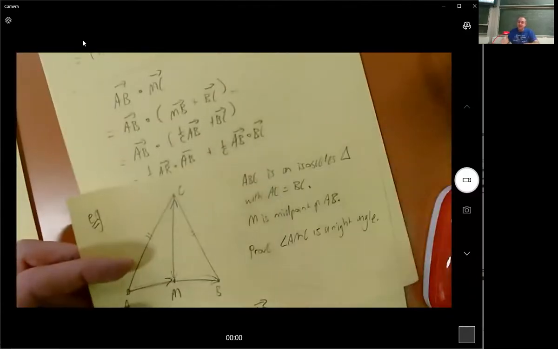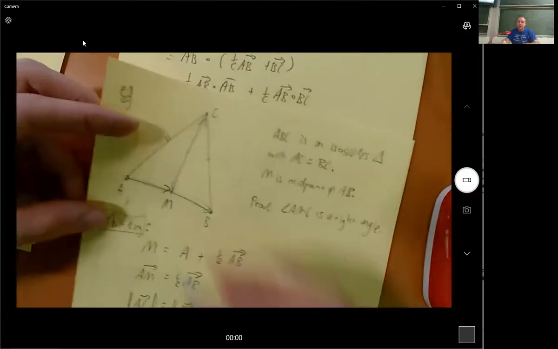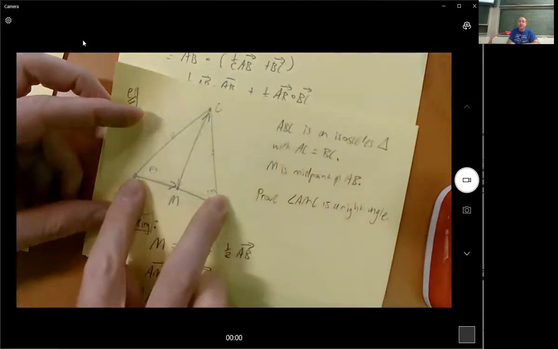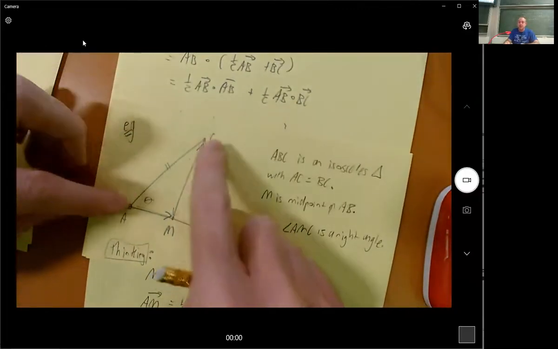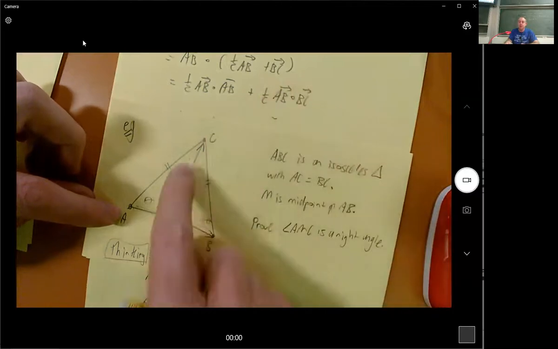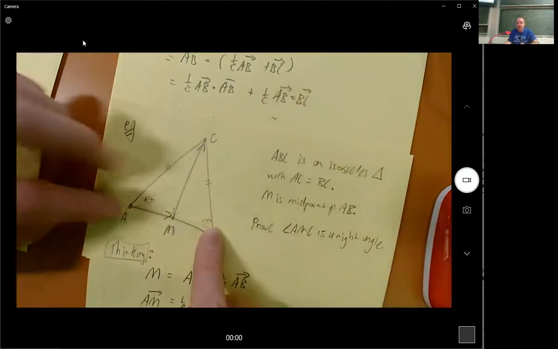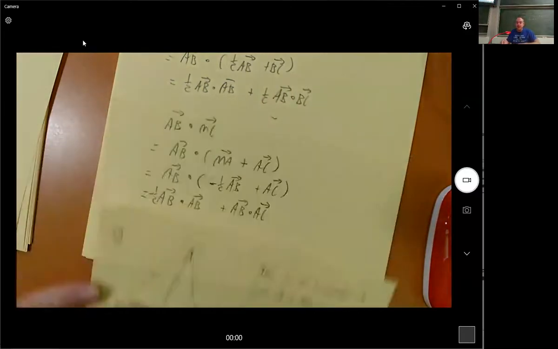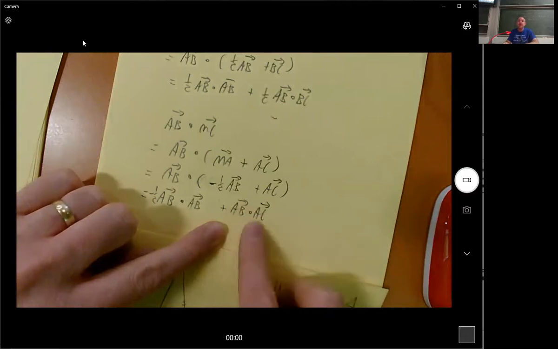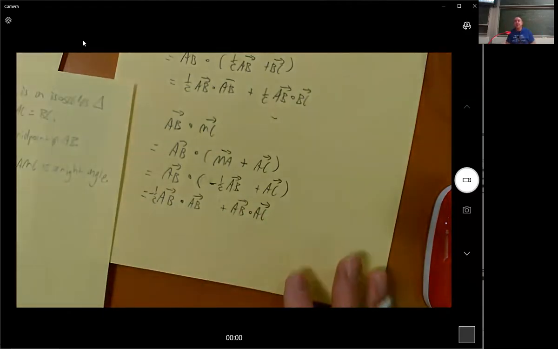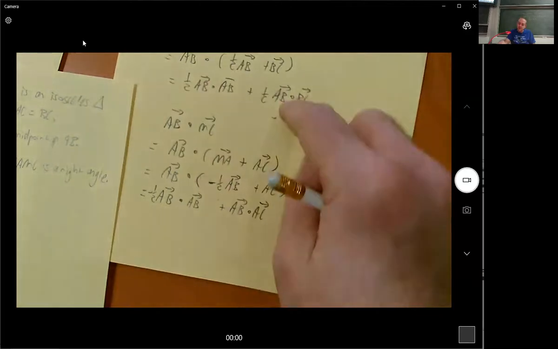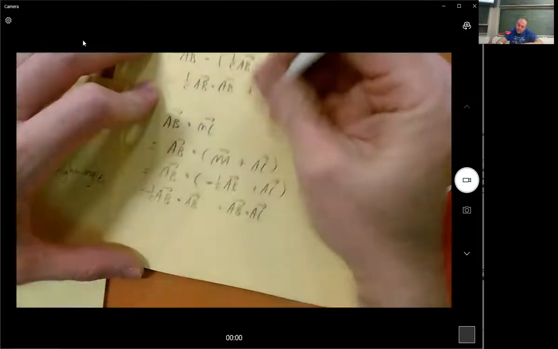So AB dot BC, this is an isosceles triangle, so these two angles are the same. So AB dot BC is a multiple of the cos of the angle at B, and AB dot AC is cos of the angle at A. Yeah, well, approximately with lengths and stuff. And so these two have to be, that's not a half, sorry.